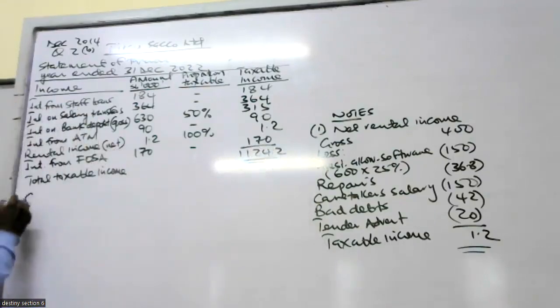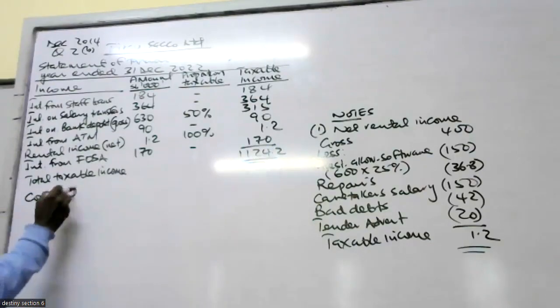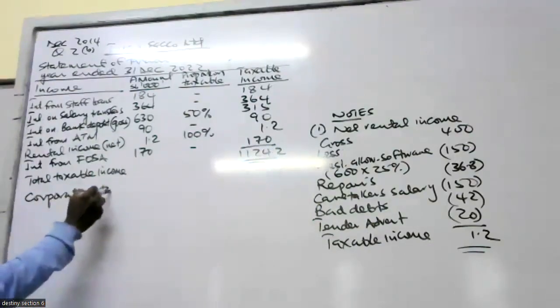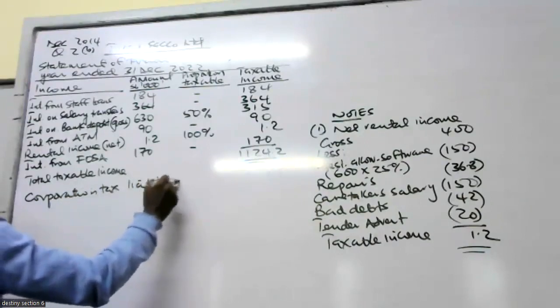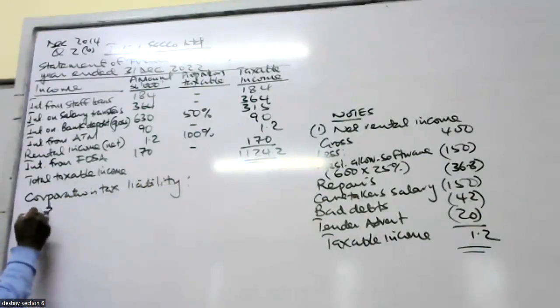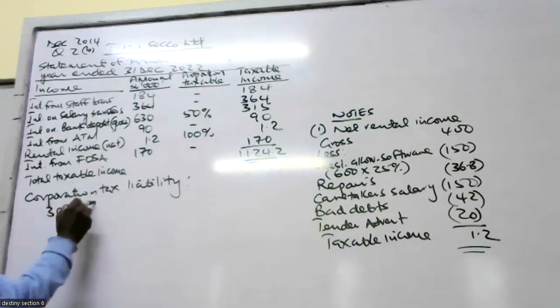And they want the tax, so we see corporation tax. Corporation tax liability will be 30%.